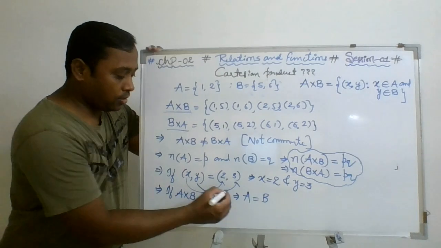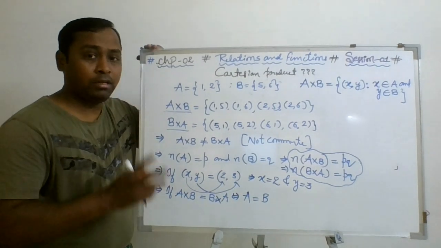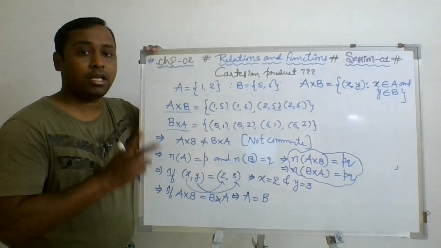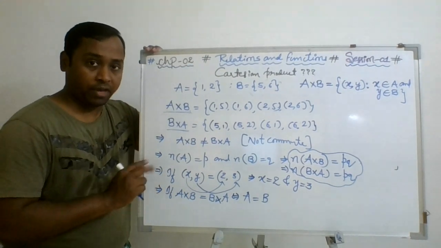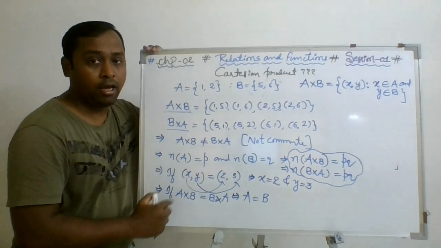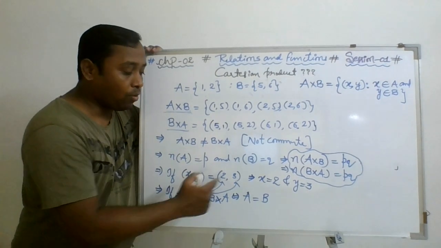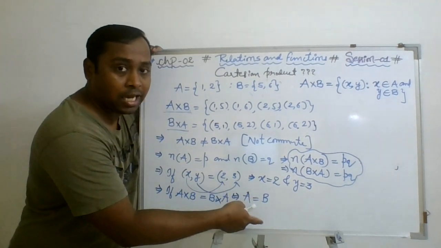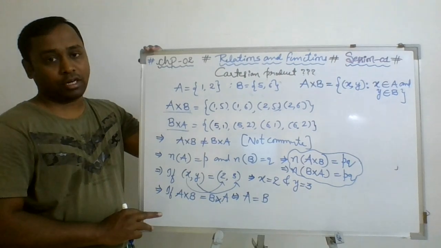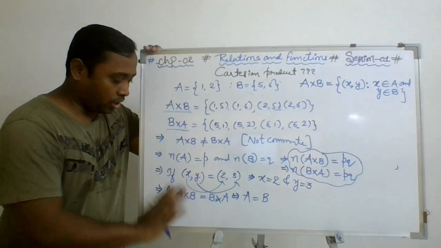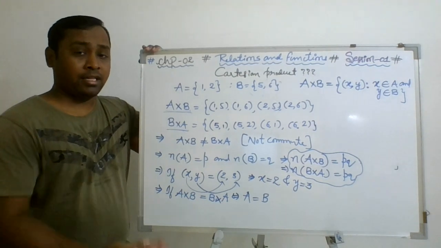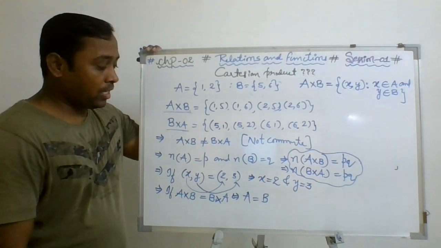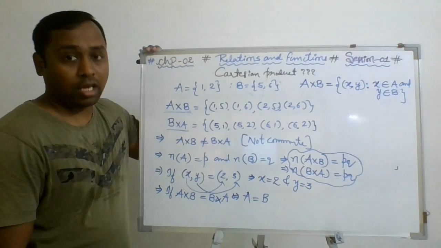This is only possible when the given two sets are equal. Then only you can say the Cartesian product of AB and BA both are equal, vice versa. If sets are equal, then their Cartesian products are equal. If Cartesian products are equal, means sets are equal. This is another learning point.